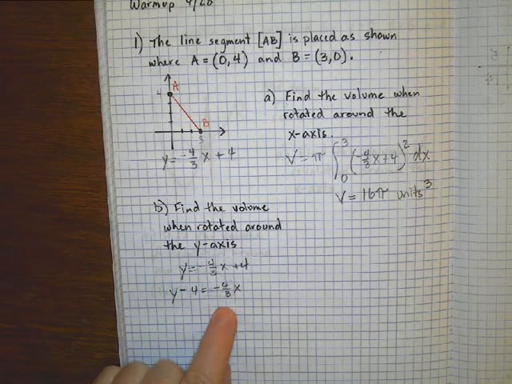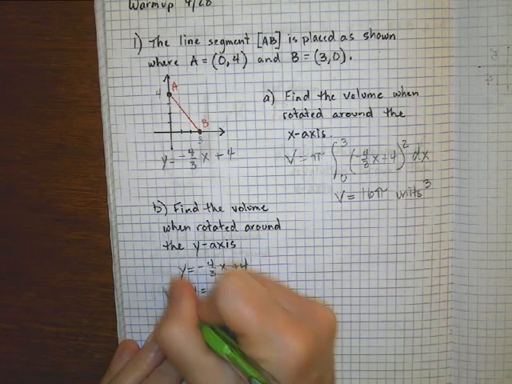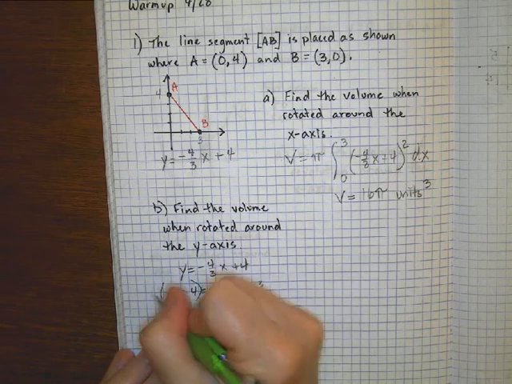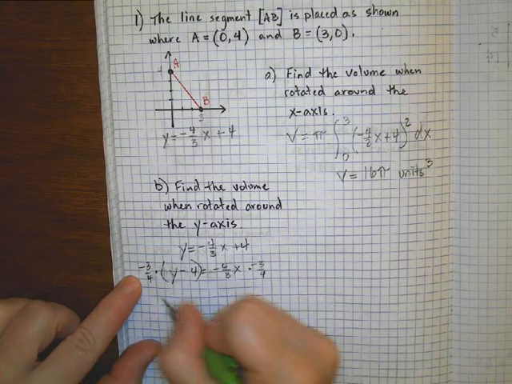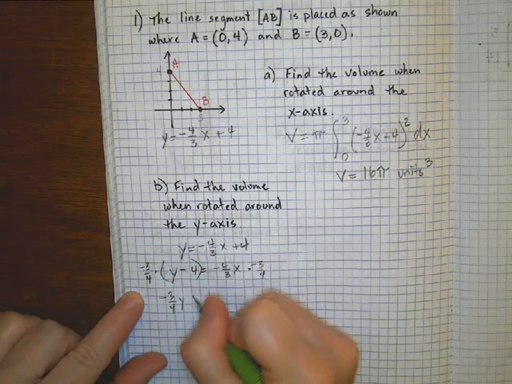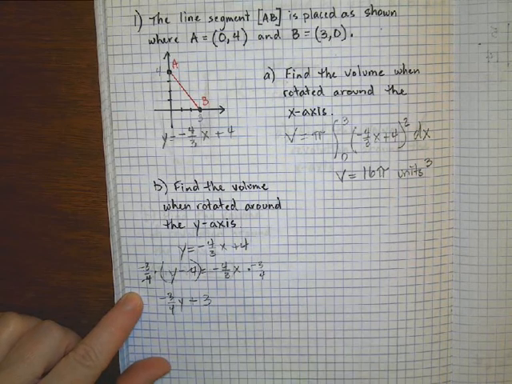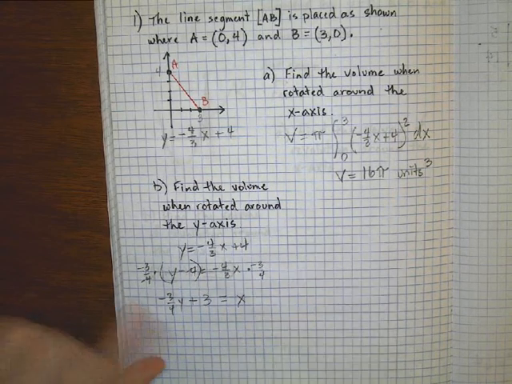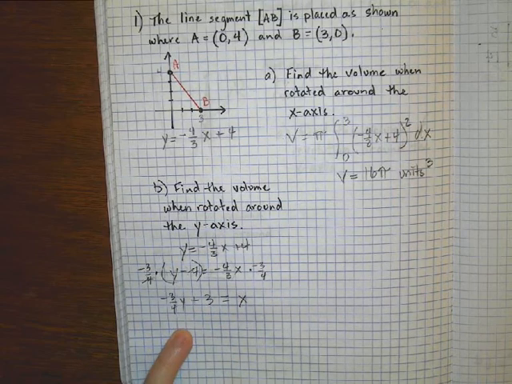To get rid of that times by negative 4/3, I'm going to multiply by the reciprocal. So multiply by negative 3/4. Got to do it to both sides. Times negative 3/4. So I get negative 3/4 y. Negative times negative is going to give me a positive. The 4's are going to reduce out. So I'm left with plus 3 is equal to x. So there we go. There is my equation that I now need to rotate around the y-axis.